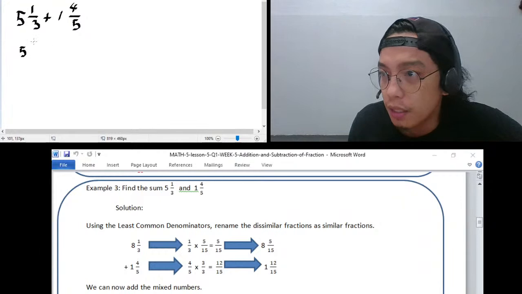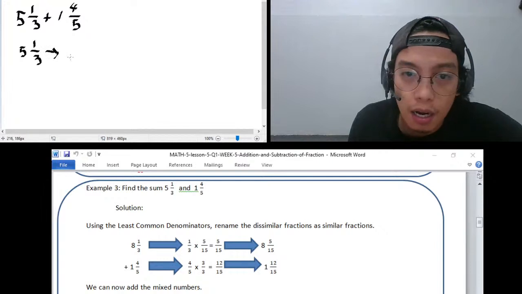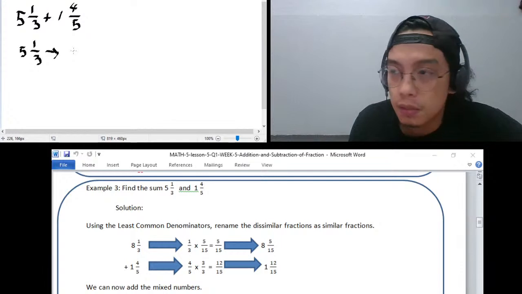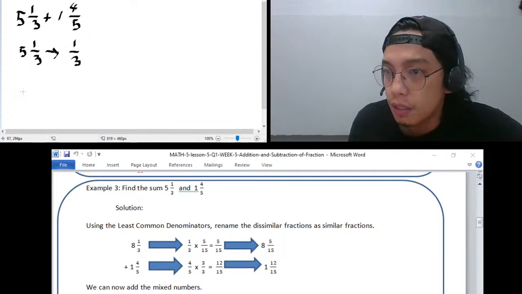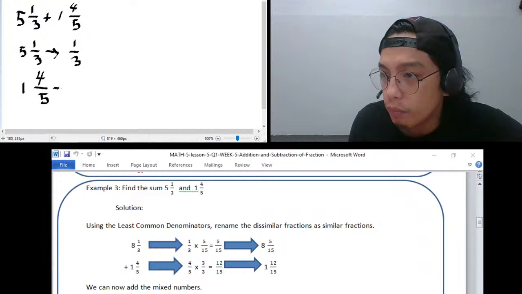5 and 1/3. Just the 1/3 first. And then 1 and 4/5.